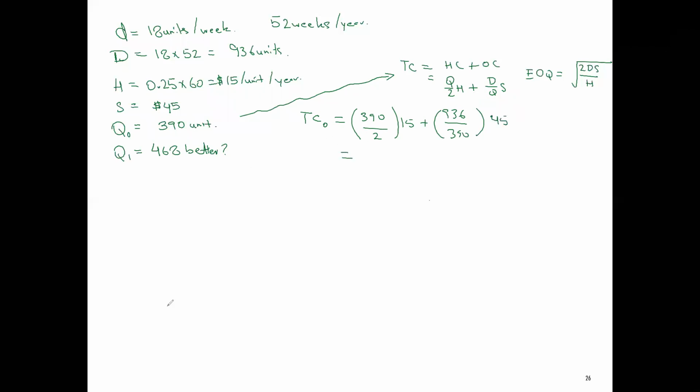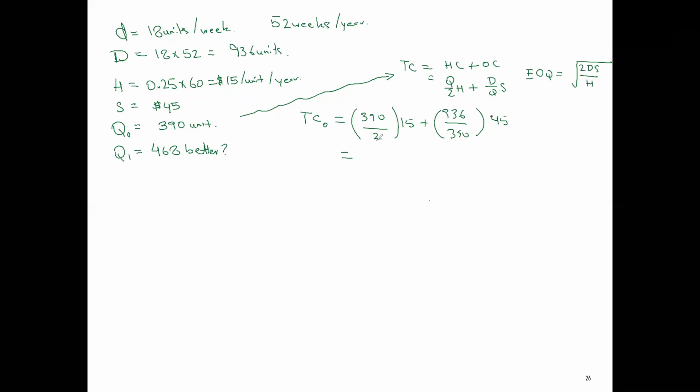And again, I am going to use my calculator. So 390 times 15 divided by 2 equals, let me confirm it. 390 times 15 equals 5850, divided by 2 equals 2925.